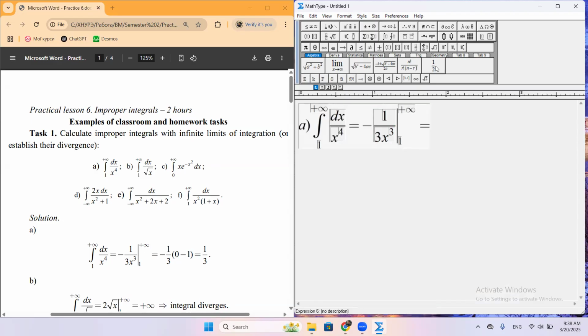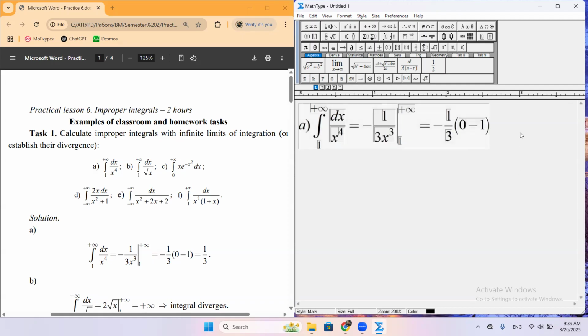So what do we have? So minus, 1 divided by infinity is 0. And let me move also out 1 over 3. So 0, so 1 over infinity minus 1.